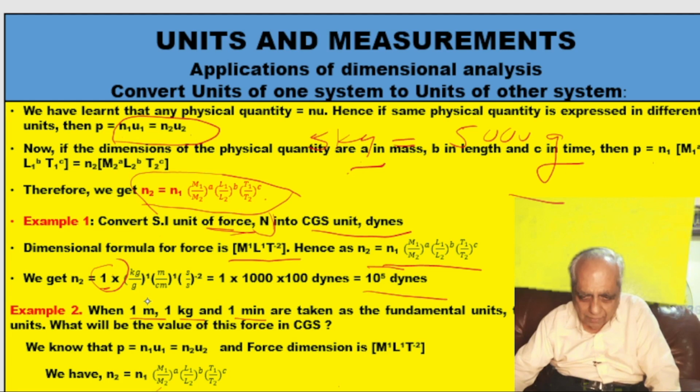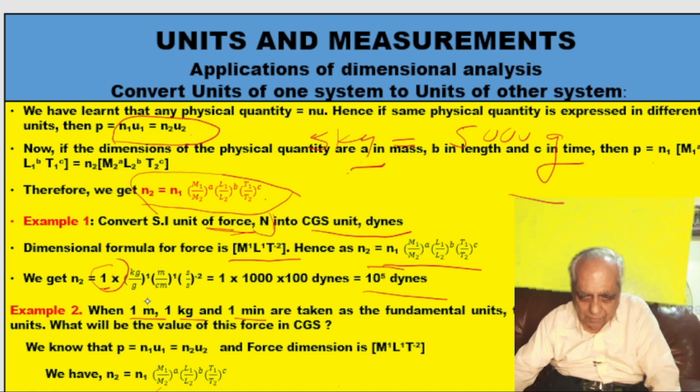The magnitude of force is 36. So this is the magnitude of force in this system. So this would be my 1. N1 would be 36, M1 would be 1, L1 would be 1 kg and time would be 1 minute.